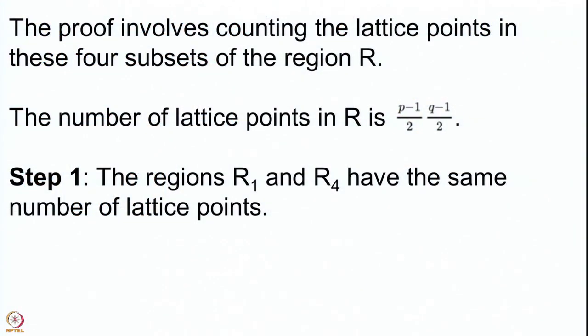The proof, as I told you, involves counting the lattice points in these 4 subsets. The number of lattice points in the whole rectangle is equal to (p minus 1)/2 into (q minus 1)/2. This is the number of lattice points in the whole rectangle R. That is because x is taken to be less than or equal to q/2 and y is taken to be less than or equal to p/2. So, x can be less than or equal to (q minus 1)/2 because we are taking x to be an integer.